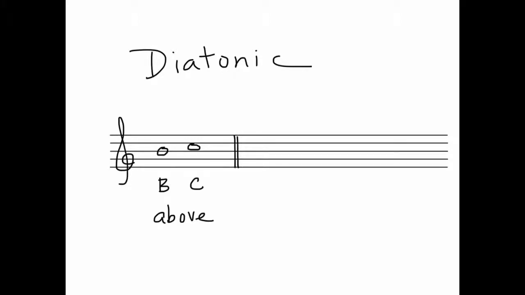Let's try another example, and this time we're going to go below. So this is a G flat, and we want to find a diatonic semitone below it. Right away we know we can draw the note below it because we know it's diatonic. And let's look on our keyboard and find out if we need to put an accidental in front of it.